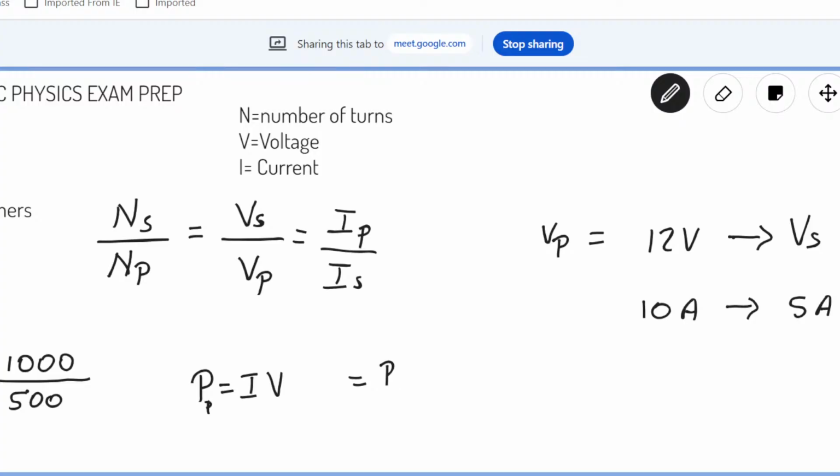So that's the principle behind it: conservation of energy.